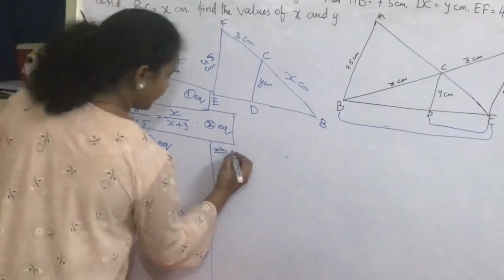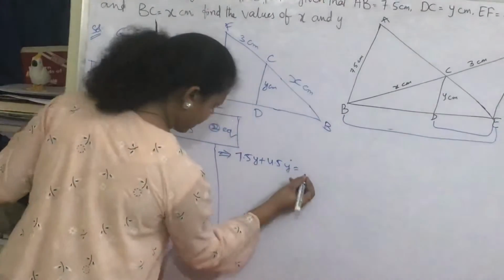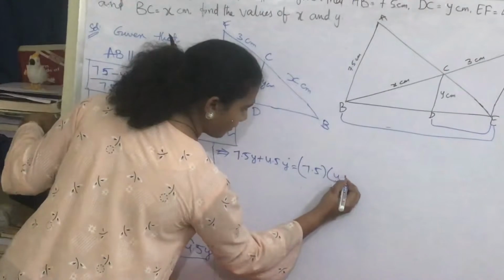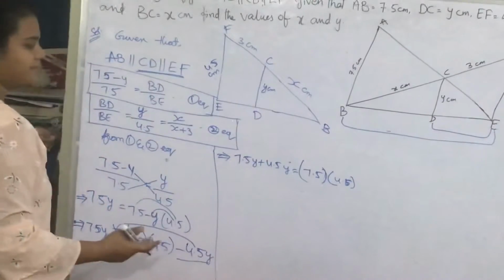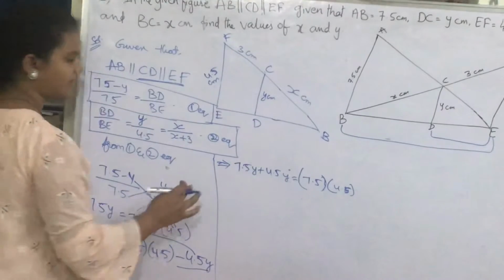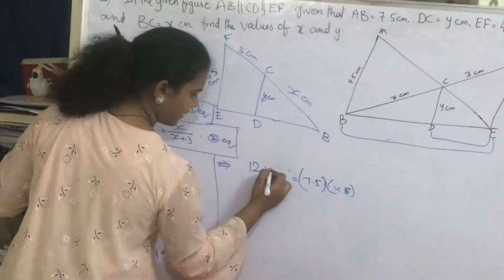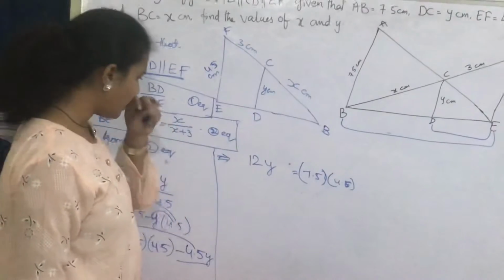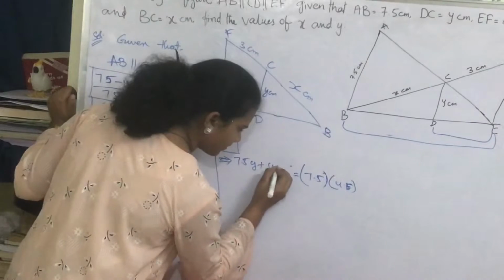So I can say that 7.5y plus 4.5y equals to 7.5 into 4.5. 7.5 plus 4.5 gives 12y.